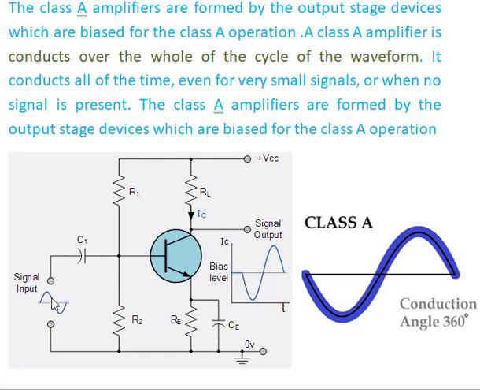Here we are applying an AC signal. This AC signal is combined with the DC part and enters the base. It amplifies. It gives the whole output with a 180-degree phase shift.